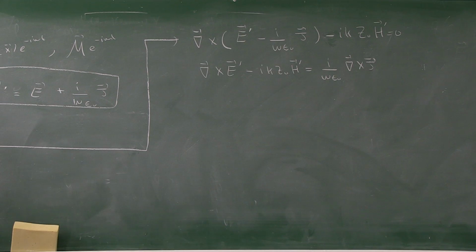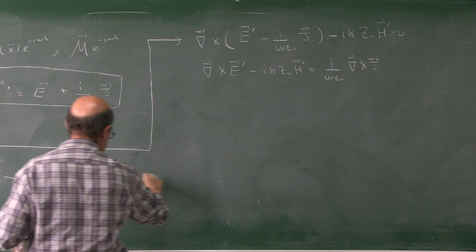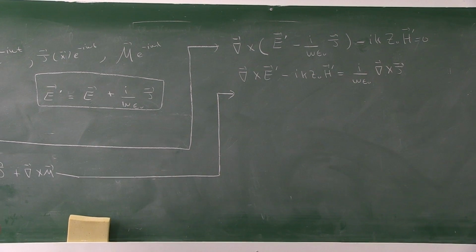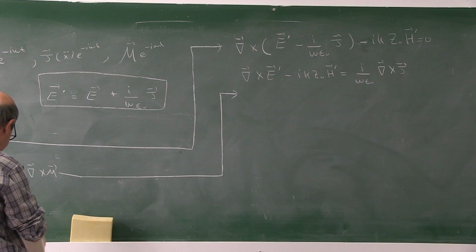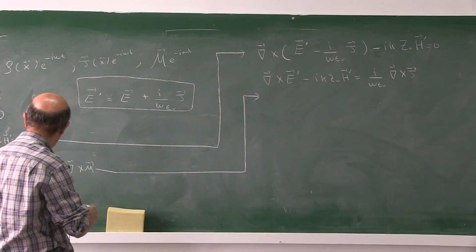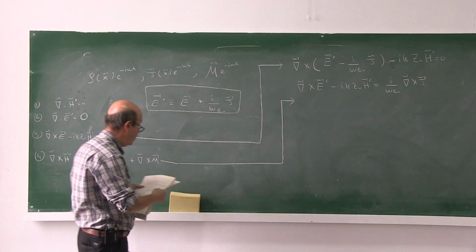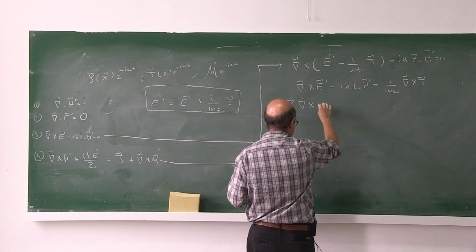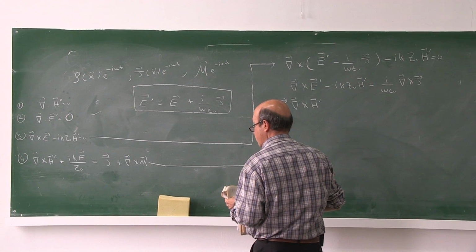Now let us pick up the fourth. I will try to combine these two equations to write the wave equation. So the fourth equation is there, and take the J to the other side. That will be curl of H prime. Take the J current density to the left.